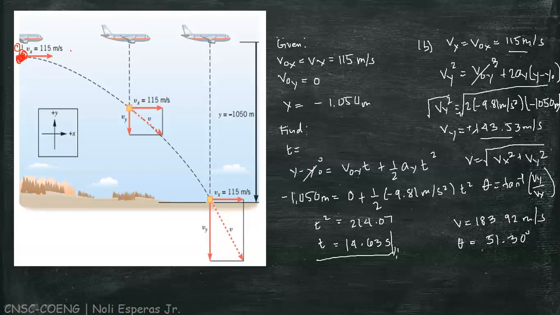Therefore, we have to consider the negative value for Vy. Why? Again, as illustrated in our figure, Vy is directed downward. Therefore, our final velocity must be negative in y direction. Therefore, our theta should be negative 51.3, the angle between the x component and the resultant vector.